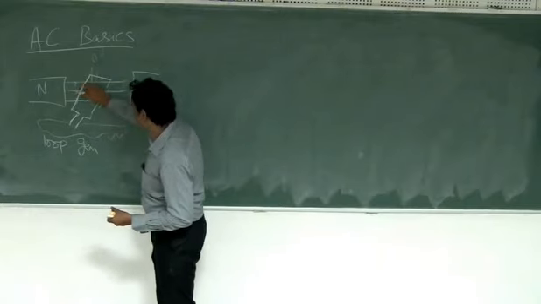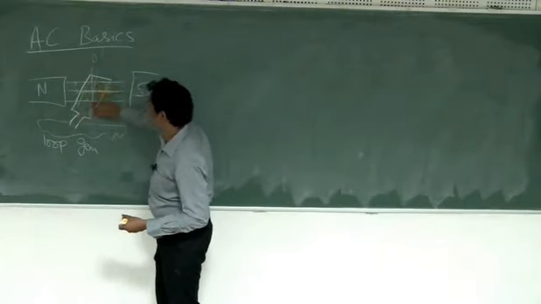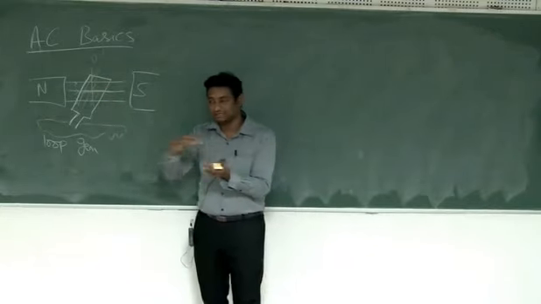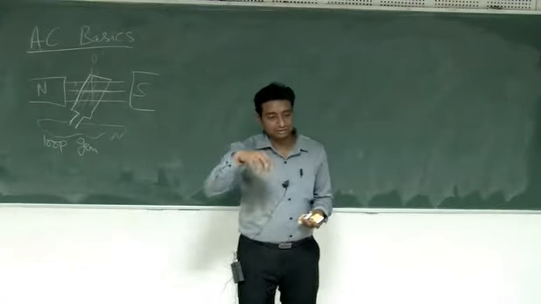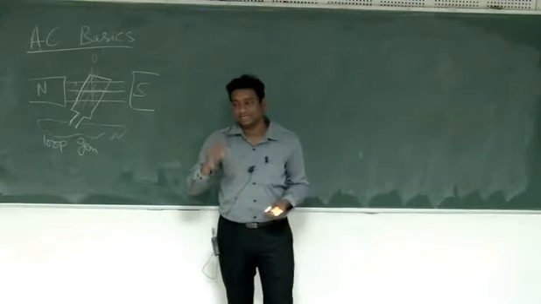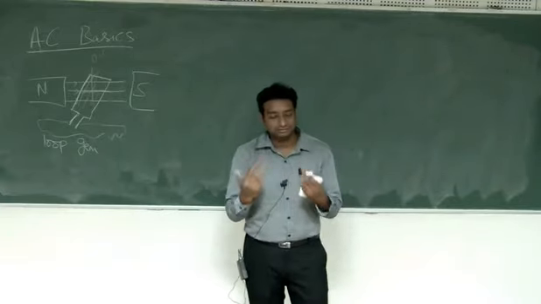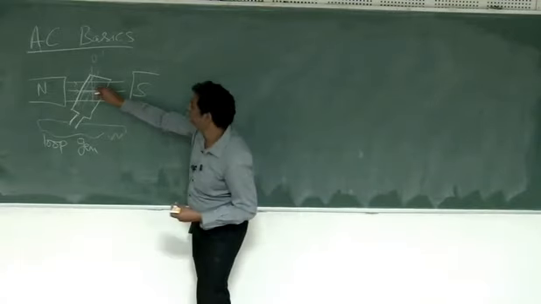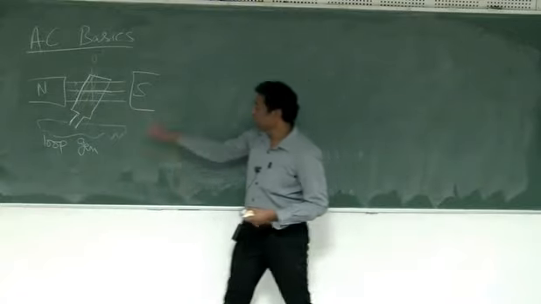Similarly, when it is in the horizontal position, the plane of the loop is parallel to the magnetic lines. At that time the lines are not entering or leaving the loop, but even a slight change in the rotation makes the change in flux large. So maximum voltage is generated at 90 degrees. And you keep on rotating.